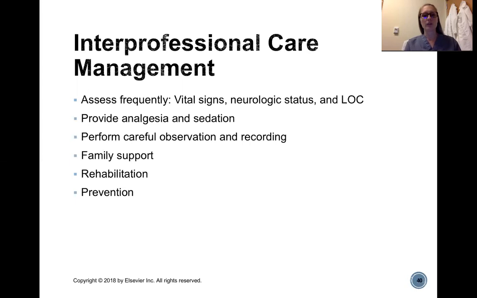Everything we're going to do is going to be very careful, and we're going to want to record adequately what's happening with the child so that subsequent caretakers are able to have a good understanding of what's going on. We want to be honest, kind, and compassionate with the family.